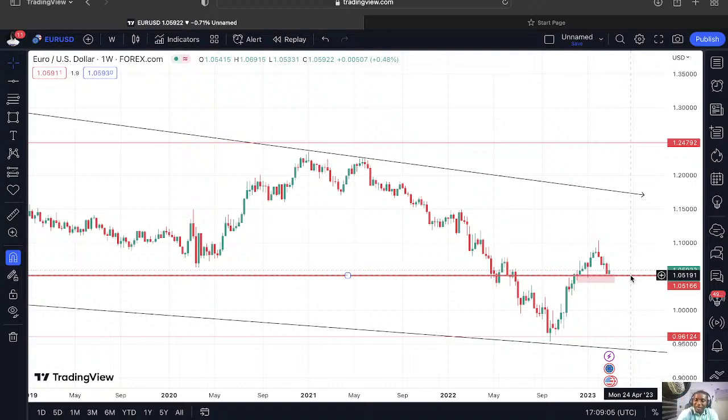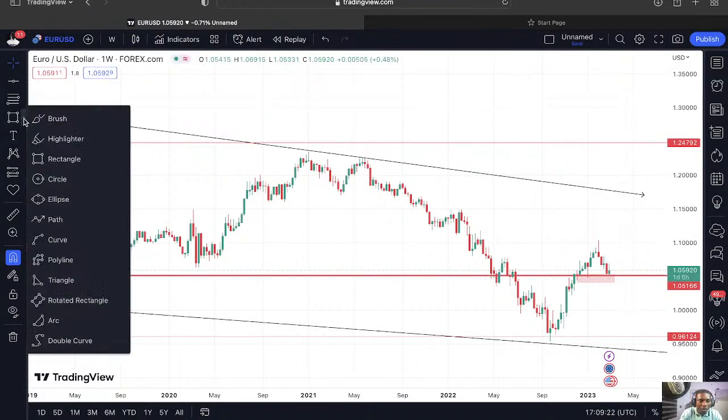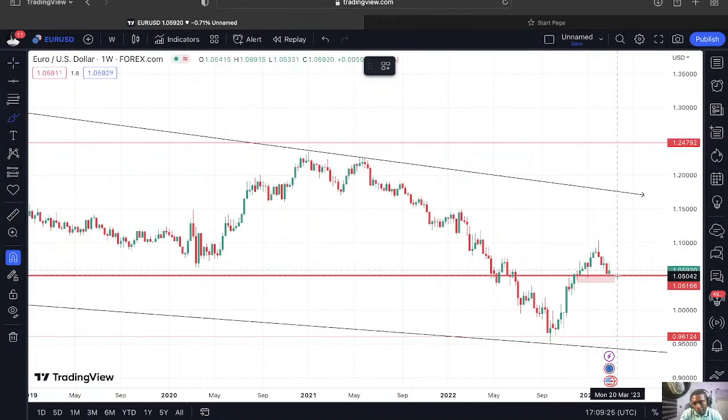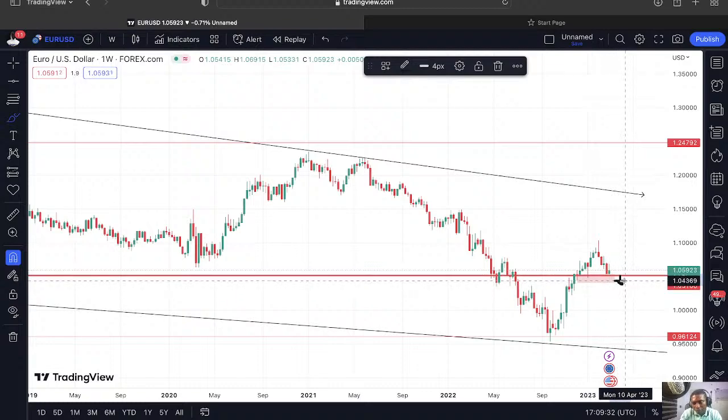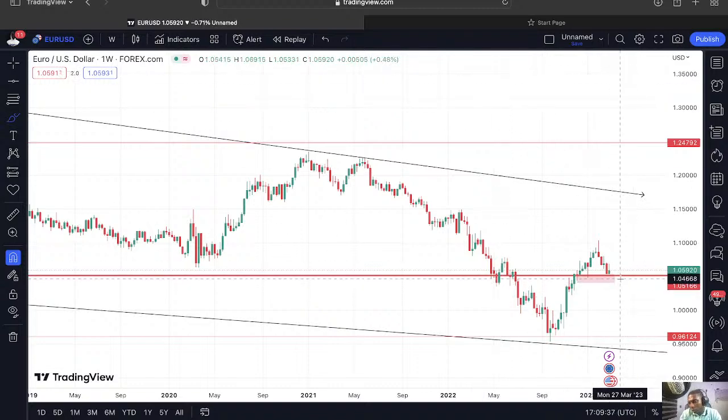If price breaks out of this support level and closes, then you are ready to short. Let's say price breaks out of here and closes, then you can sell off.